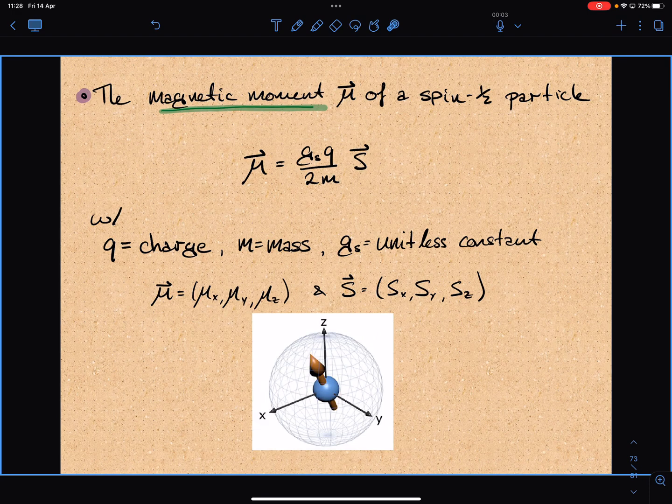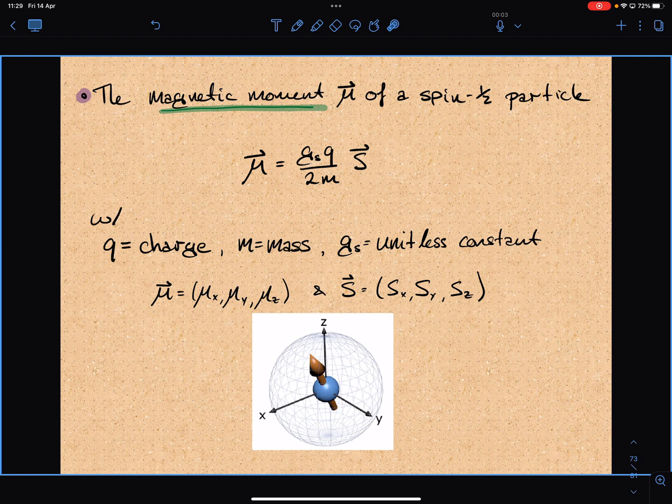So here, I'm using this equation as my interpretation of what spin is. Once we have spin, you can compute the magnetic moment for a spin 1/2 particle by this formula, with g a unitless constant, q the charge, and m the mass, multiplied by the spin, and you get the magnetic moment.